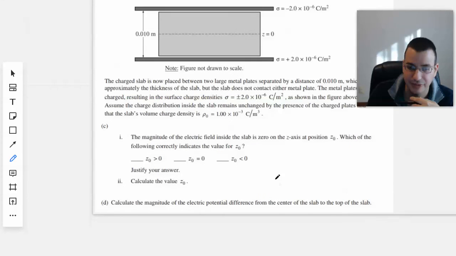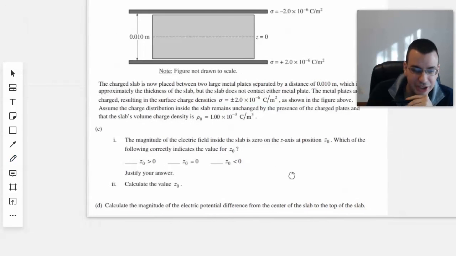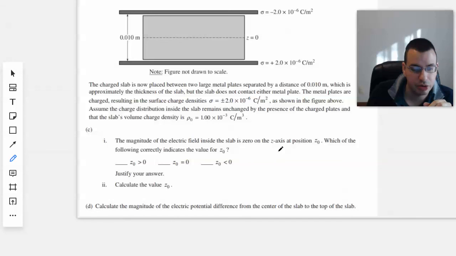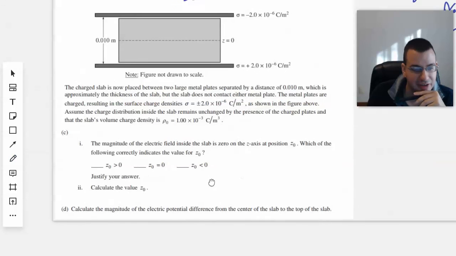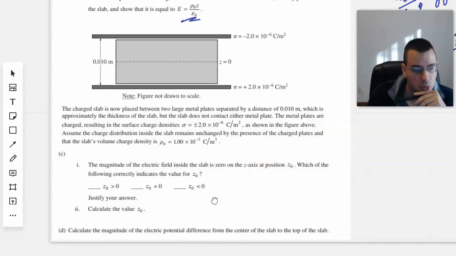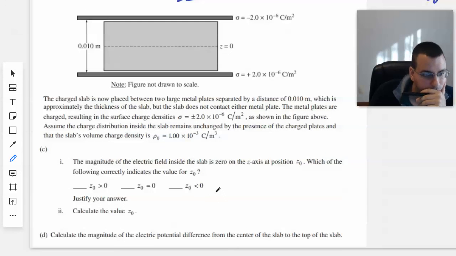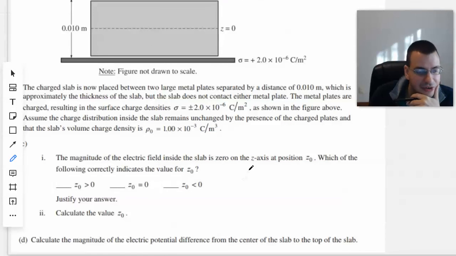Oh, so they actually give us rho. The magnitude of the electric field inside the slab is 0 on the z-axis. Which of the following correctly indicates the value for Z naught? The magnitude of the electric field inside the slab is 0 on the z-axis.